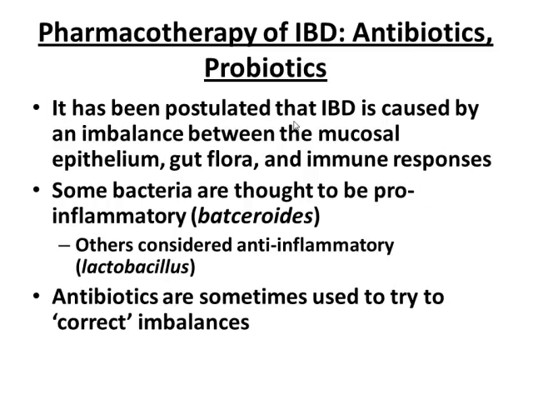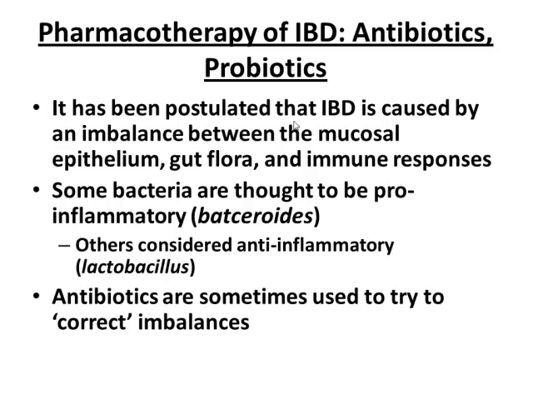It's been postulated that IBD can be caused by an imbalance in the mucosal epithelium, gut flora, and immune responses. To distill that down, some bacteria are thought to be pro-inflammatory, and they're thought to have a better environment in people with these disorders to do their stuff.